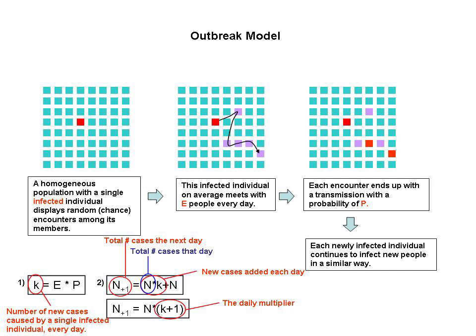K is the number of new cases a certain individual creates every day through its interactions. So if there are n individuals, then n times k new infections will occur.